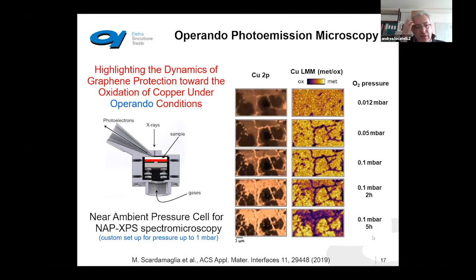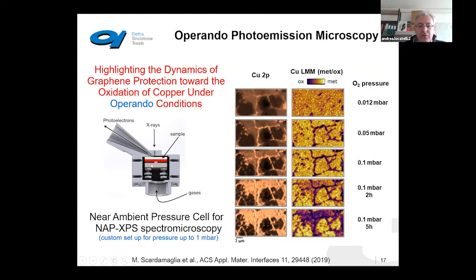And I think they are doing great things nowadays because they adapted their microscope to be able to perform experiments in what we call near ambient pressure conditions. Basically, they have a special sample holder which allows gases to enter in close contact with the surface.